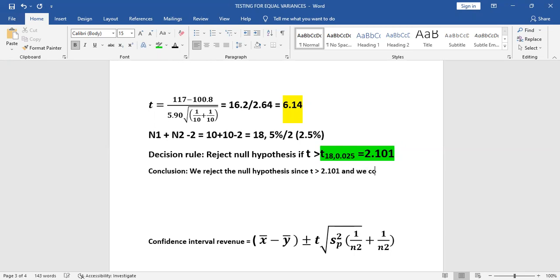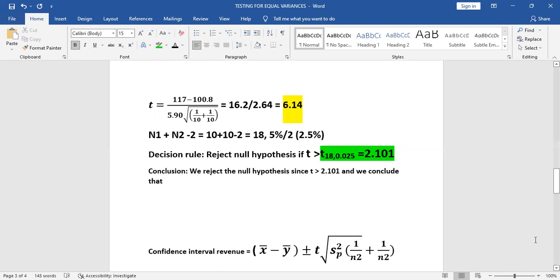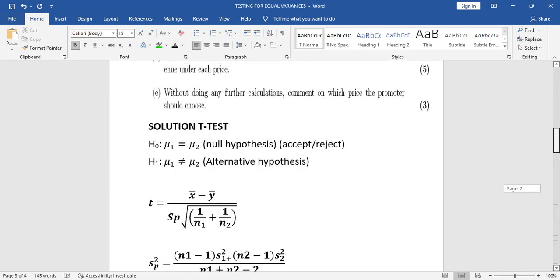And we conclude that, so what we are rejecting is the null hypothesis which says mean 1 is equal to mean 2. So if we reject this one, automatically the one which will be accepted is the alternative which says mean 1 does not equal mean 2.